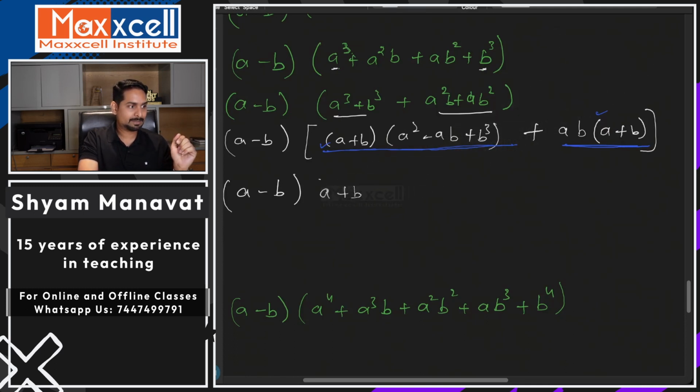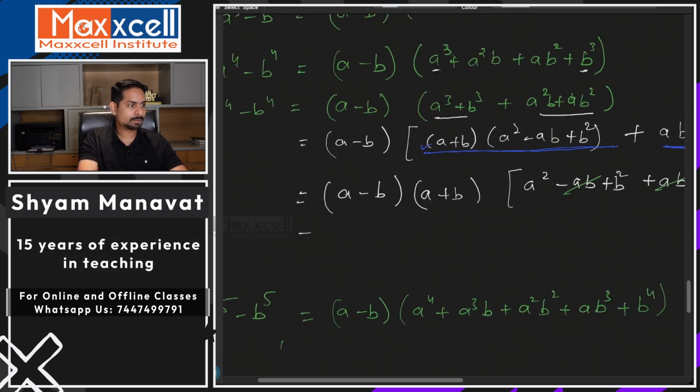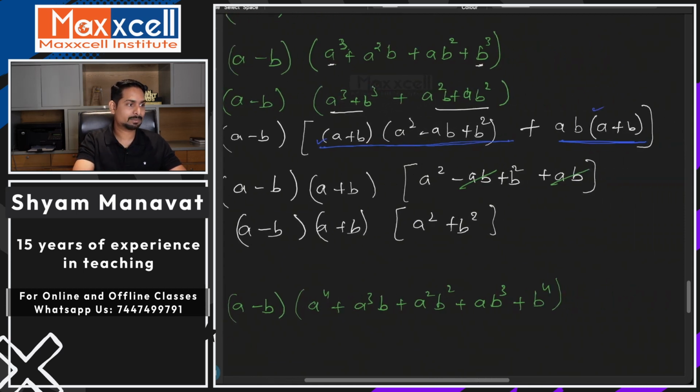You get a plus b, and then the remaining is what? a square minus ab plus b square, not b cube, b square. And plus I got a plus b. I know there is another way also to simplify this, but I wanted to show you this also. So you get a minus b, a plus b, and then here you get a square plus b square, which cannot be further factorized. a square plus b square is remaining, right?